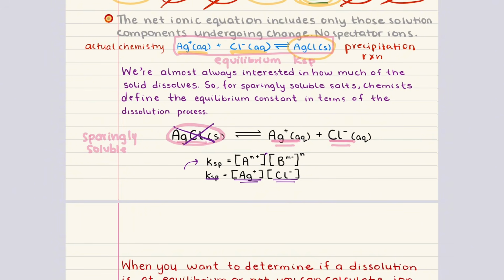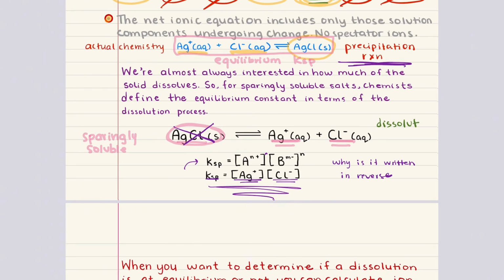the position of equilibrium. Now, you might be wondering, if the original chemical reaction was precipitation, where silver ions and chloride ions formed a solid, why is KSP written for the reverse direction? And that is an excellent question. In practice, chemists are almost always interested in how much of a solid dissolves, not how readily it precipitates.